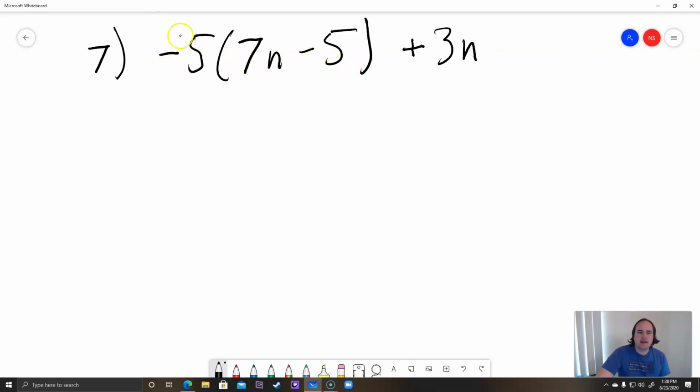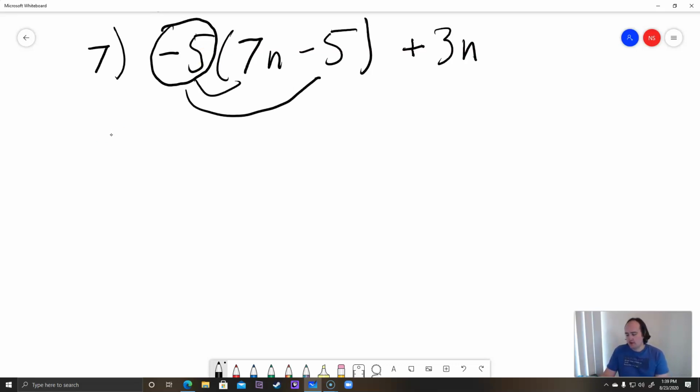And because it's a negative 5, we have to distribute the minus as well as the number. So we're going to be distributing the negative 5 to each of those terms. So for the first term, what's negative 5 times 7n? Well, we know that 5 times 7 is 35, but there's a minus as well. So it's actually going to be negative 35n.